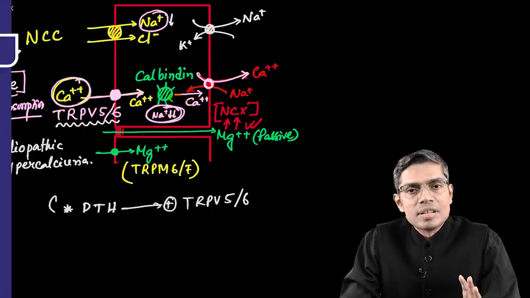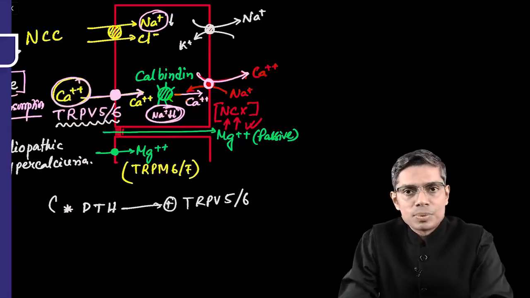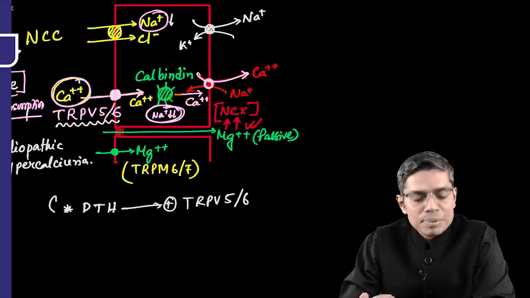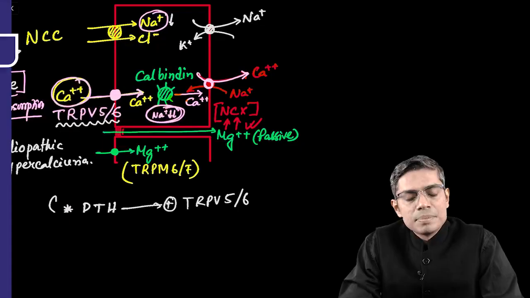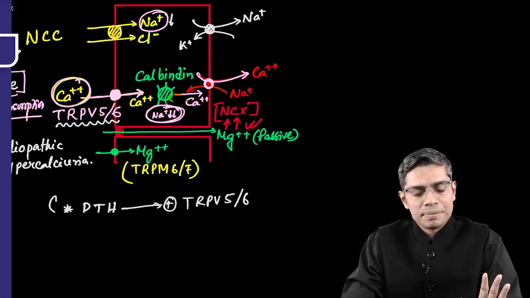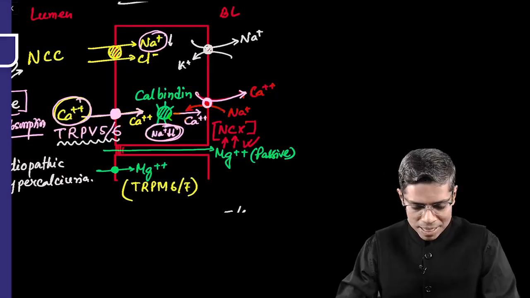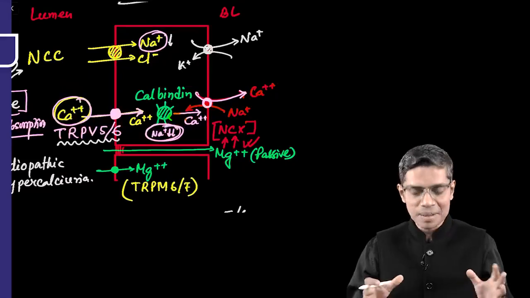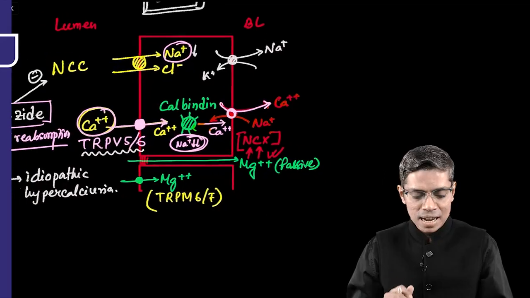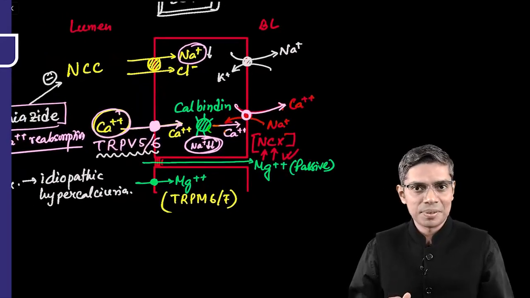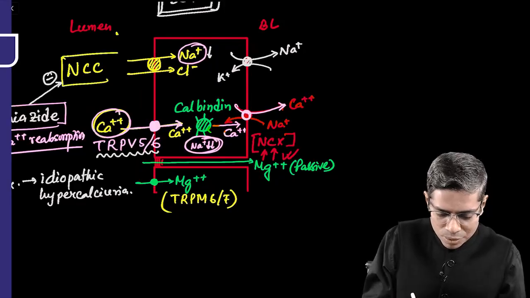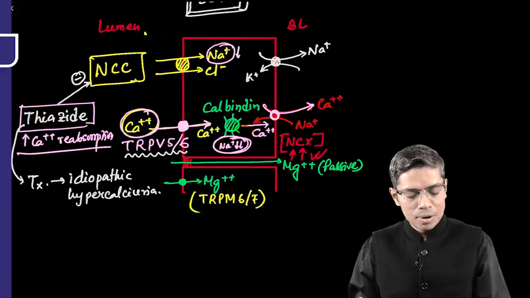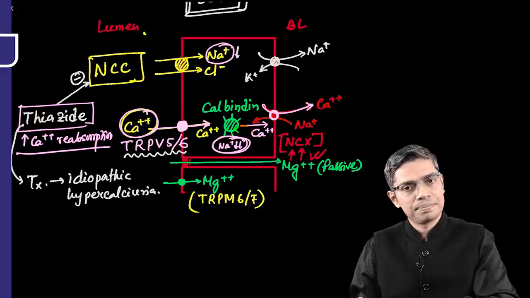So you have to remember that magnesium reabsorption can actively occur at the level of DCT, by TRPM6 and 7. Now you know the mechanism of sodium reabsorption and other reabsorption at the level of DCT. The major transporter reabsorbing sodium here is NCC, which is blocked by thiazide diuretics.